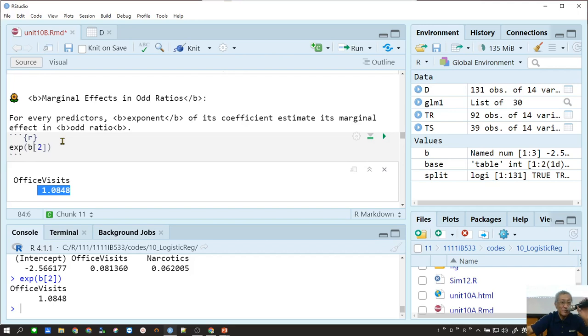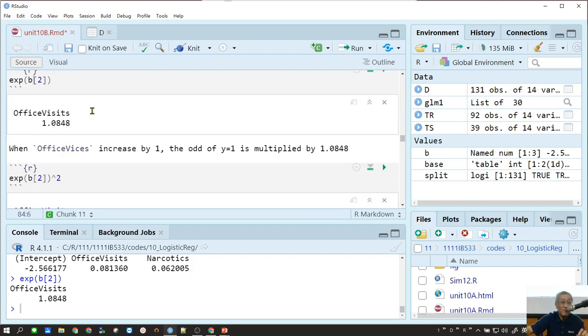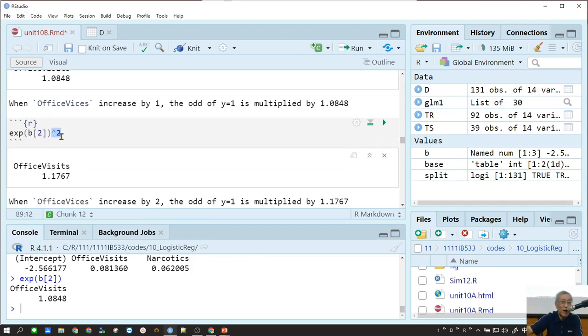So if the office visit is increased by 2, it's not like you need to just double it, you need to raise the power to 2, right?